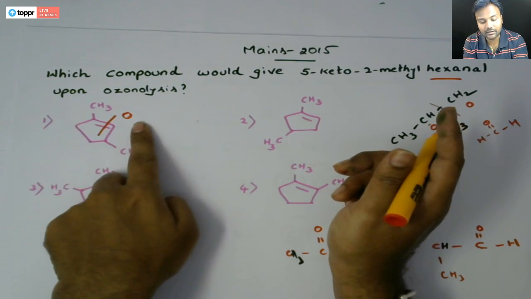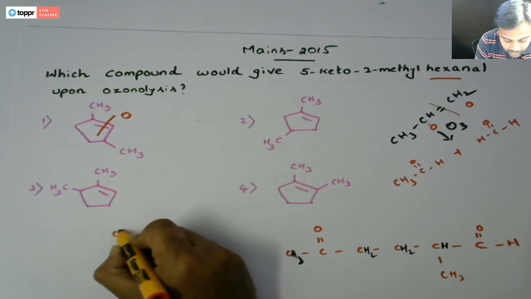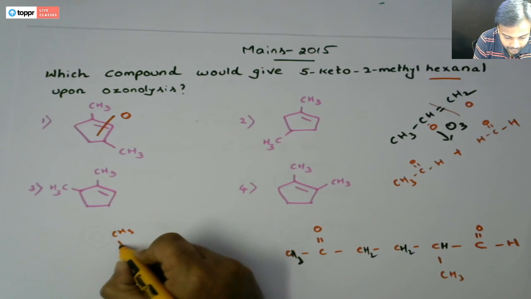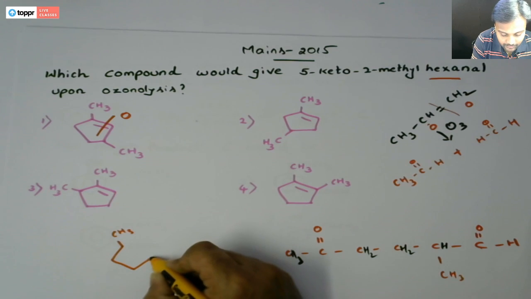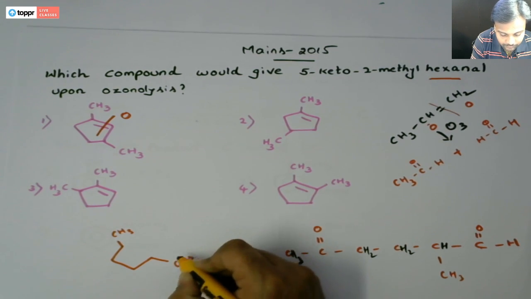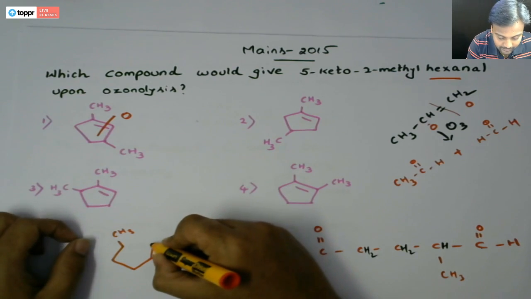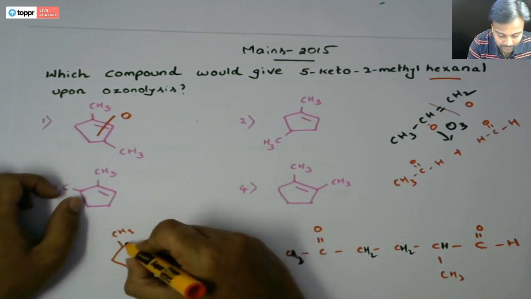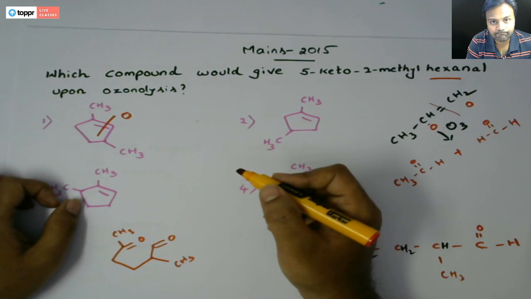I'm breaking it here, adding oxygen. I'm just writing it for your ease the same way: CH3, CH also here, then double bond O, and this side also one double bond O. Understanding?